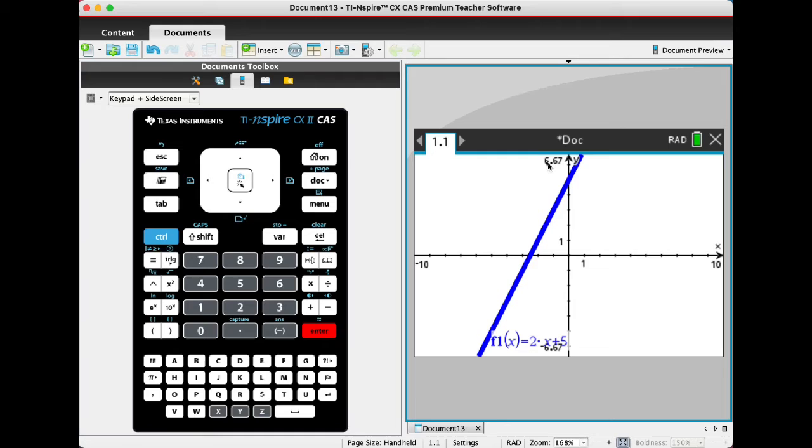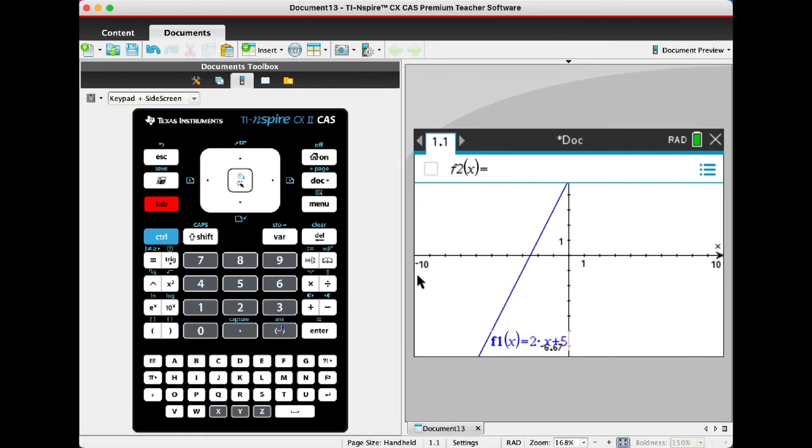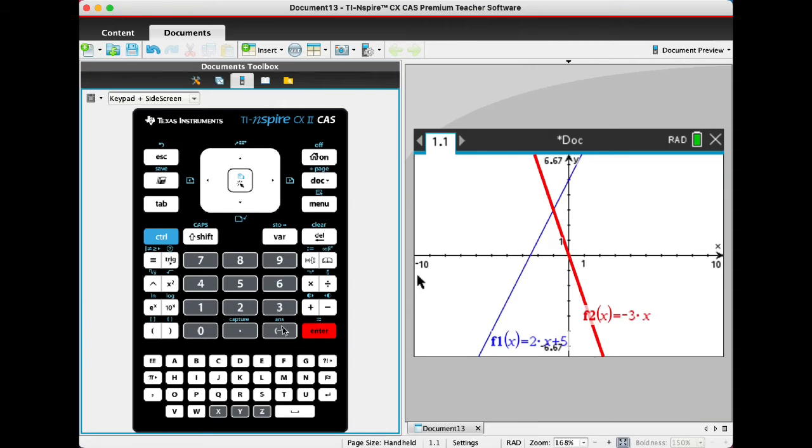It has drawn the graph. Now I want to enter the second graph, so I'm going to press the Tab key. That brings up the box which allows me to type in graphs, and here I'm going to type -3x, press return, and you can see my graphs are showing and you can see where they intersect.